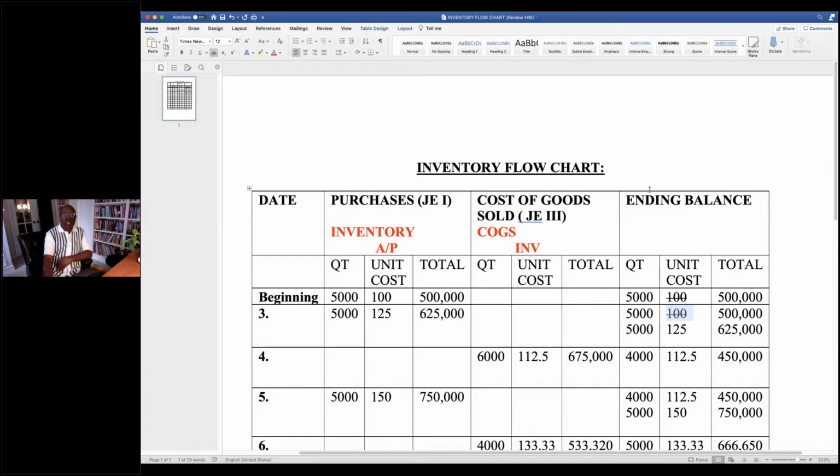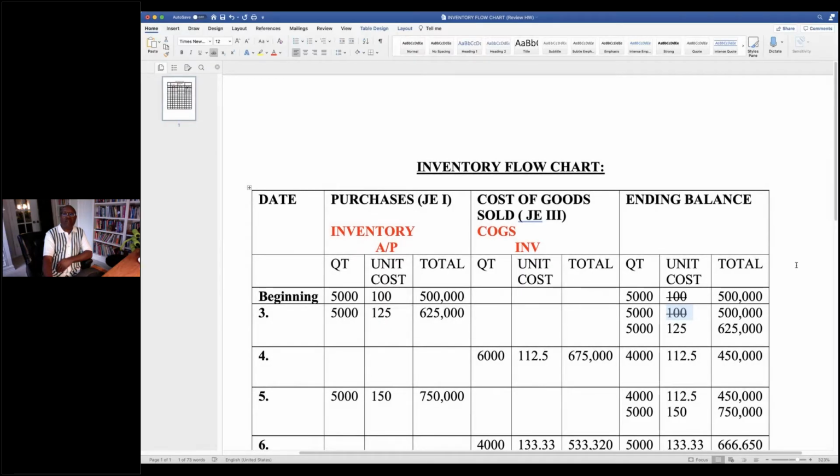When you do weighted average, you don't use beginning inventory. You don't use ending. You get an average. Yeah, I think that's where I messed up, because I didn't even see where it says weighted. I did the FIFO. You're right. Don't even listen to me, I'm wrong.